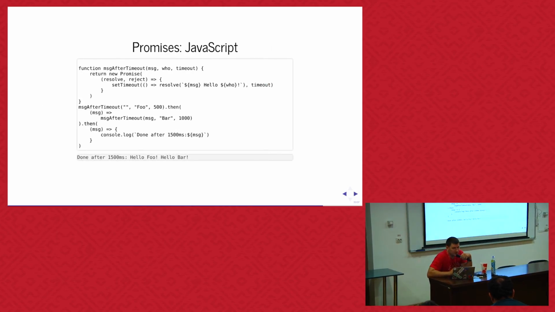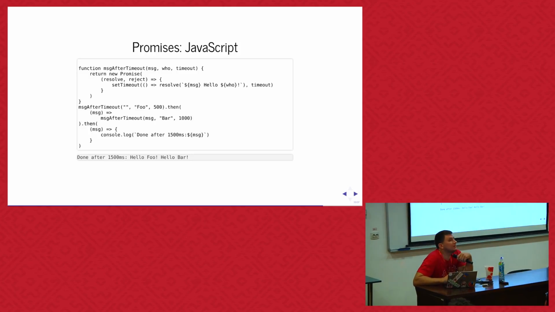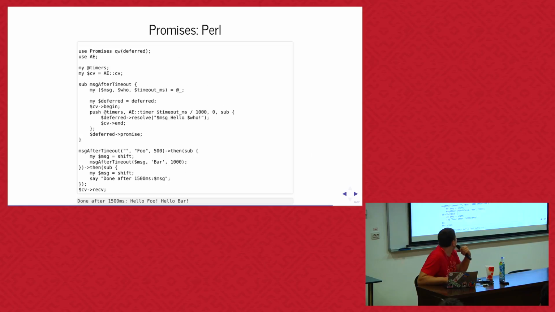Another new feature of JavaScript is promises. Coroutines and promises are both very useful to avoid what is called callback hell. Anyway, do we have promises in Perl? No, not in Perl 6. Yeah, there is a wonderful module from Stephen Little called Promises.